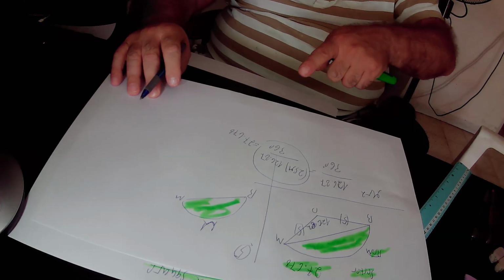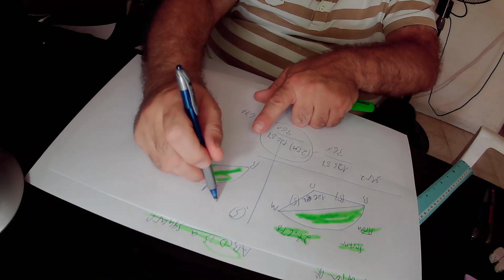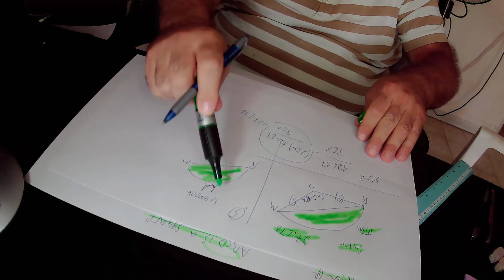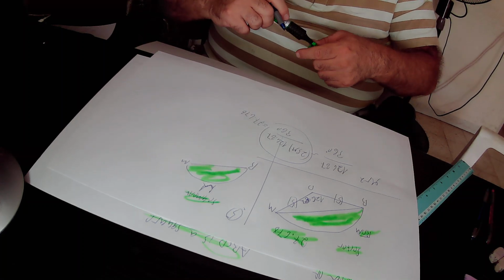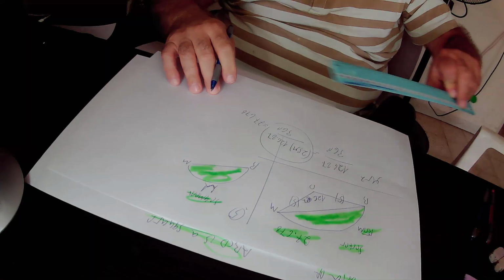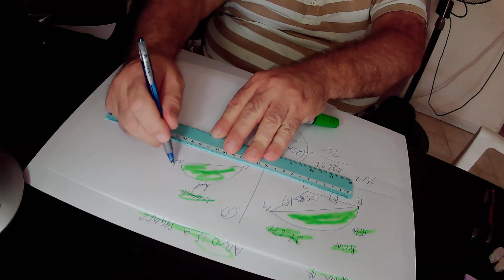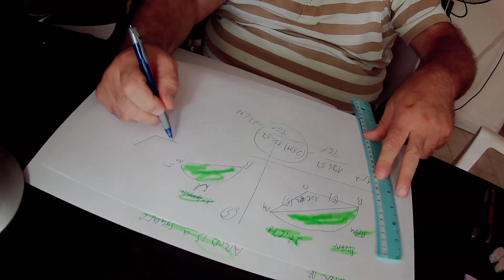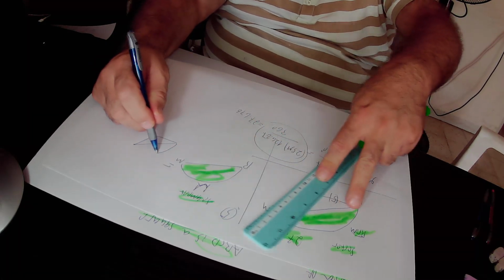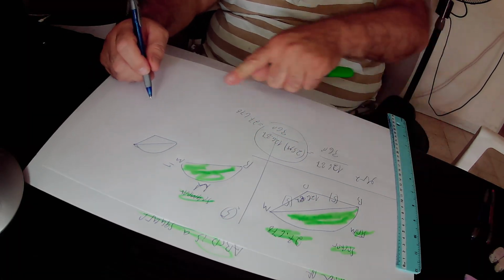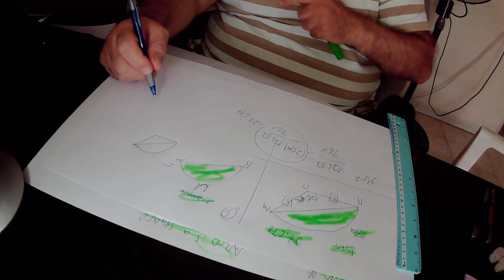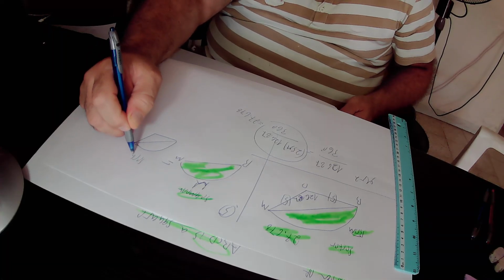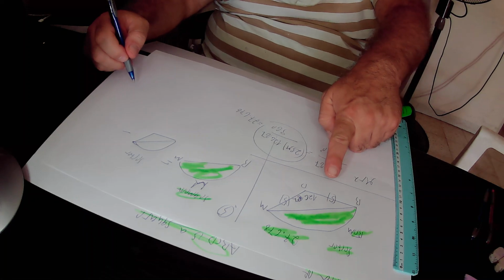So write it down. The area of the upper segment BOM is equal to the area of sector BOM minus the area of this triangle, triangle BOM.